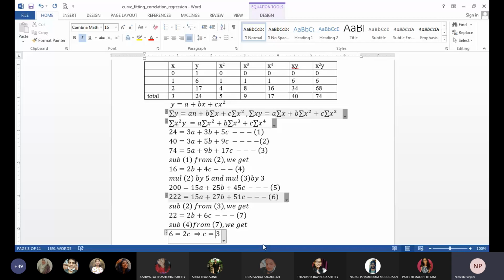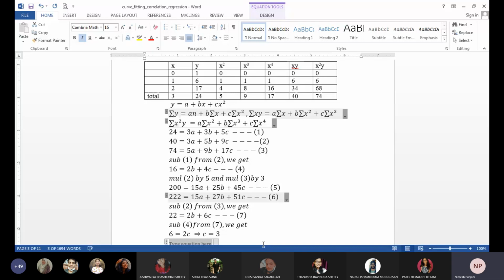So this gives me the value of c as 3. This gives me the value of c as 3.